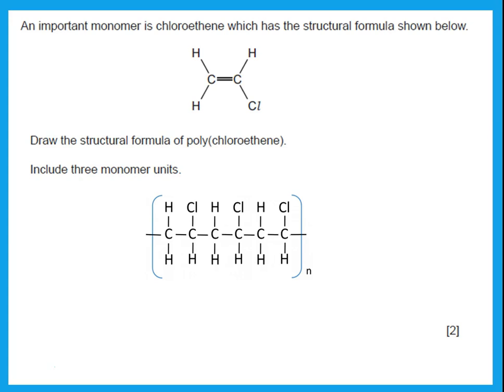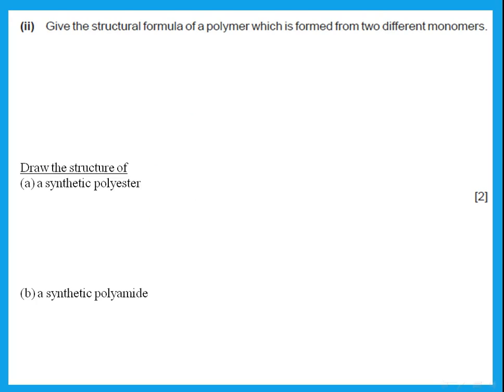What we have been drawing in the previous question, for example, we drew only 1 repeat unit or 1 monomer unit. Now he wants 3 of them, so that means you draw it as if you're drawing 1, and then you repeat it 3 times in exactly the same way. So that is the polymer with the 3 monomer units, or we call them 3 repeat units.